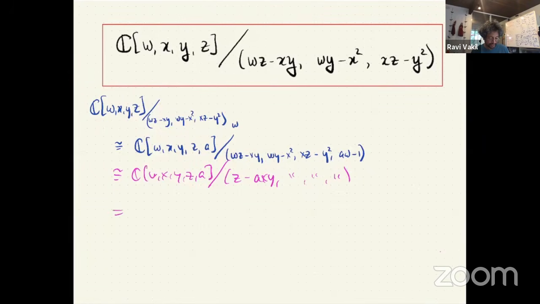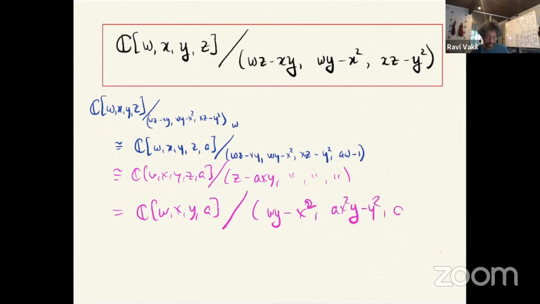So I can just forget Z in my list. So W, X, Y, and A. And now I just forget Z because Z is just AXY. And I get WY minus X squared. There's a Z there, but that's AXY minus Y squared, comma, AW minus 1. So I hope I did my algebra correctly. And now, what will I do next?